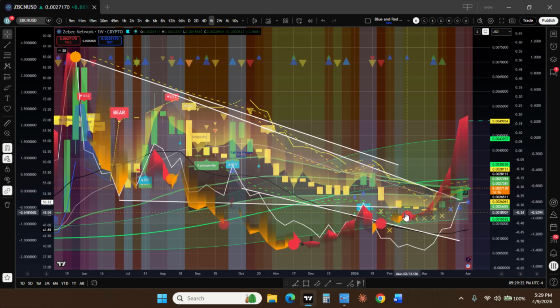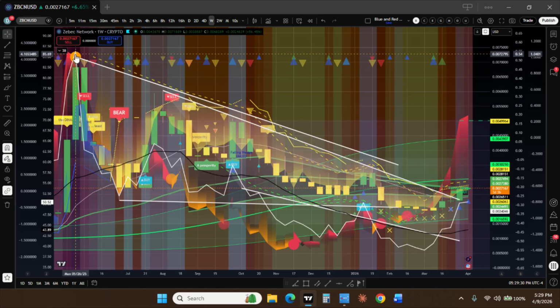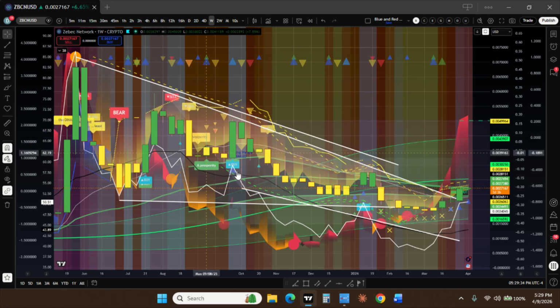And you don't have any yellow circles like you have up here. You have some other interesting things going on in the chart. But CBCN is at a beautiful price point. Right now, it's not even a penny.